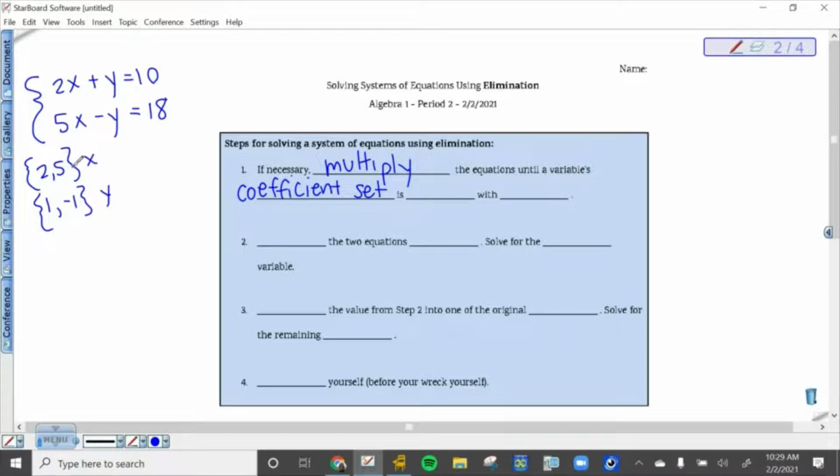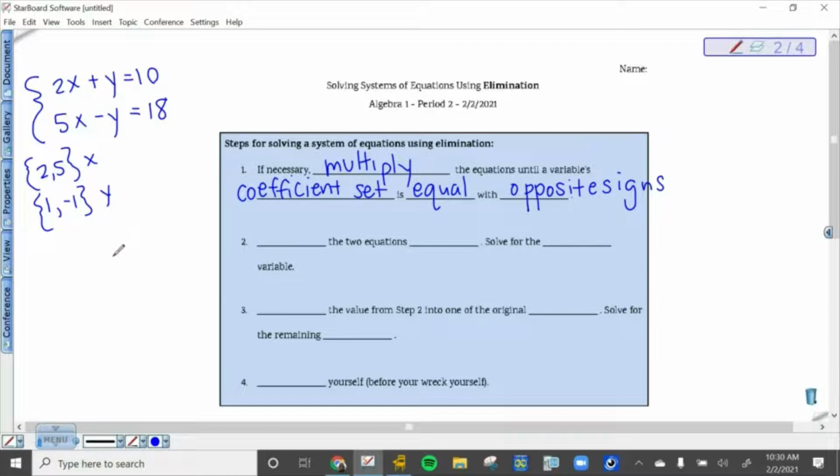So we want the coefficient set of one variable to be equal with opposite signs. So that's like saying we want them to be additive inverses of each other. Just looking at this example again, are the coefficient set for x additive inverses of each other? 2 and 5? No. What about for y?